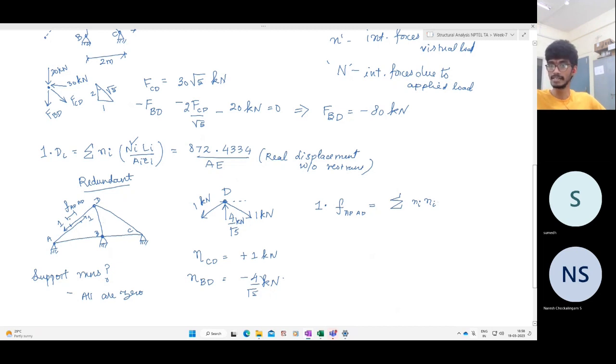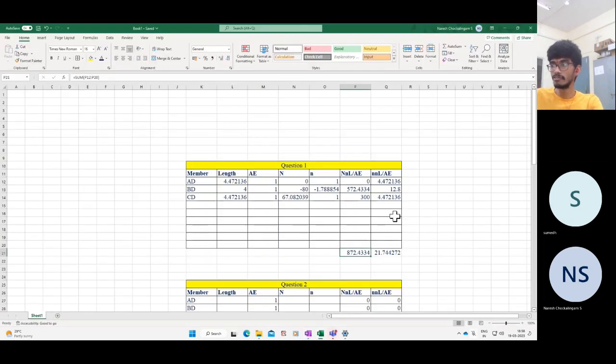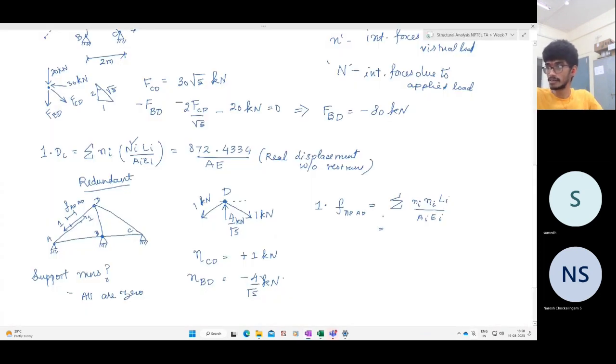The point where we are finding the displacement is the same as the point where we are applying the load. Ni Li by AE, and what is this value? We got 21.744.